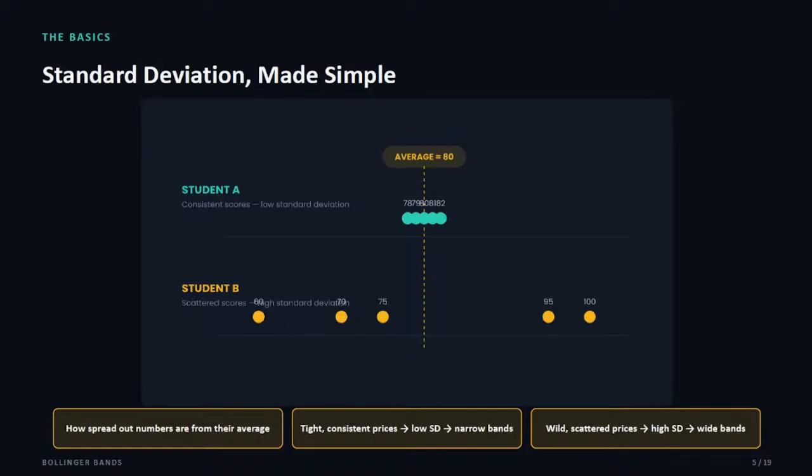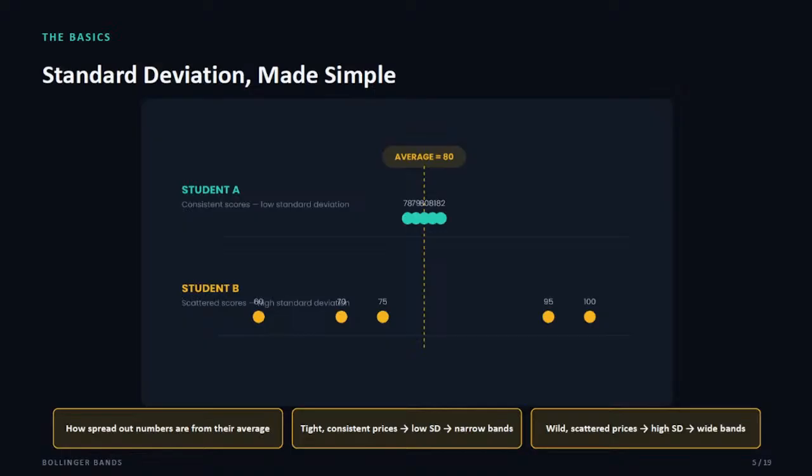Very consistent, tightly clustered, right around 80. Student B scored 60, 95, 70, 100, and 75, the same average, but wildly inconsistent from test to test. Student B has a much higher standard deviation because their individual scores are more spread out from that shared average.